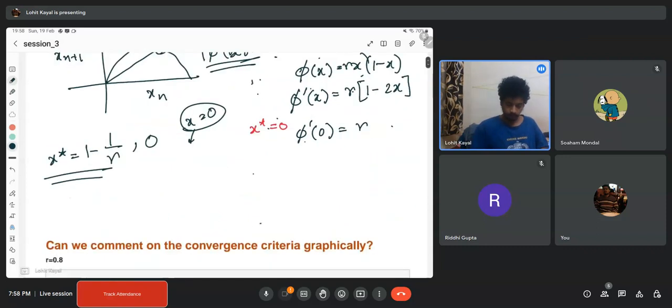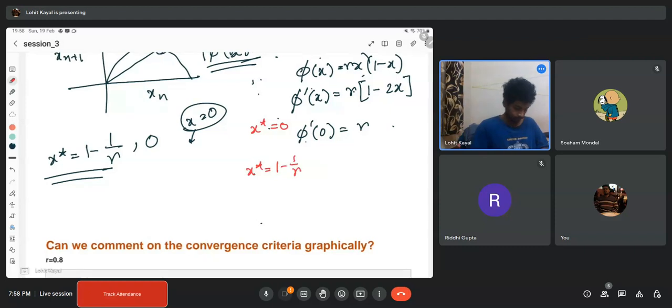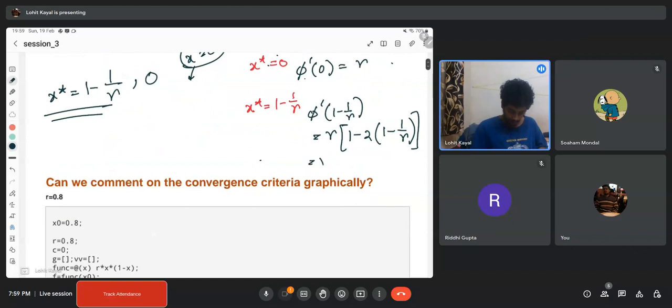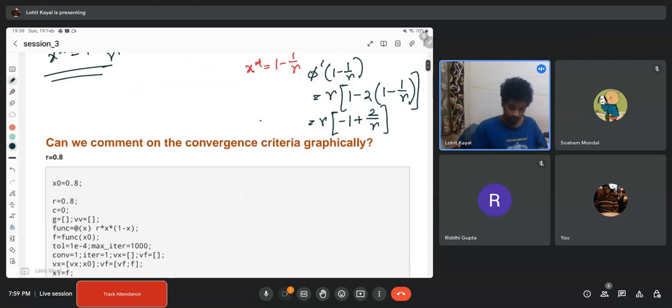And for x star equal to 1 minus 1 over r, my phi prime of (1 minus 1 over r) is equal to r into (1 minus 2 into (1 minus 1 by r)). So it is r into (minus 1 plus 2 by r). So the value is 2 minus r.